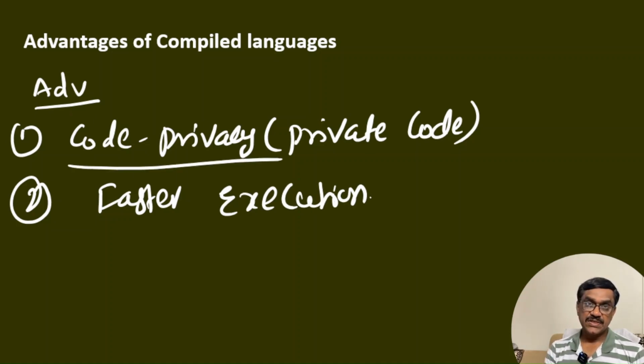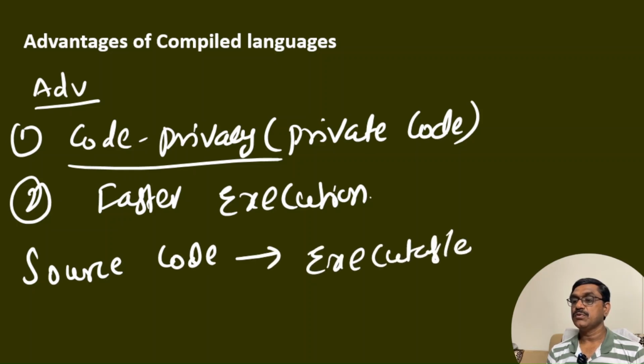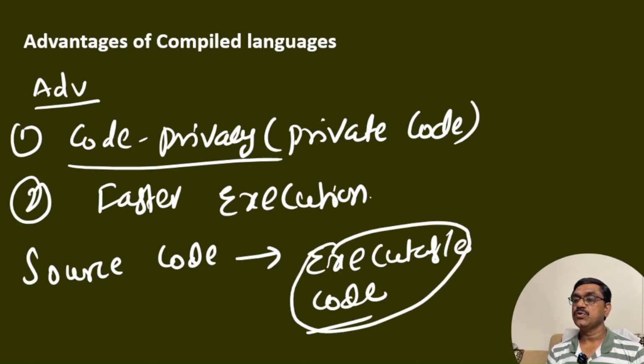At the time of discussing compilers, I said that the compiler is going to take the source code and this source code is converted into executable code. And anyone can execute this executable code. That means we are distributing the executable code to other users to execute on their machines.